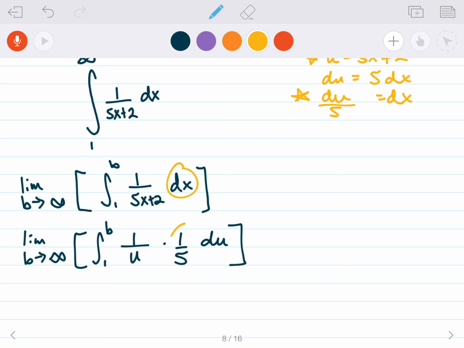For the dx, I'm putting this guy, and for the 5x plus 2, I'm putting u. All right, cool.